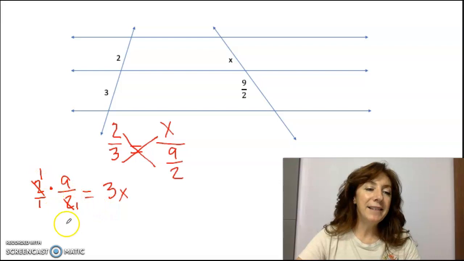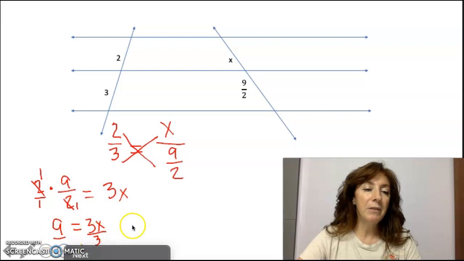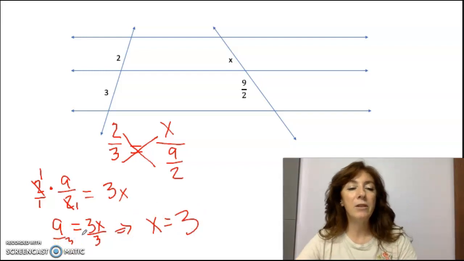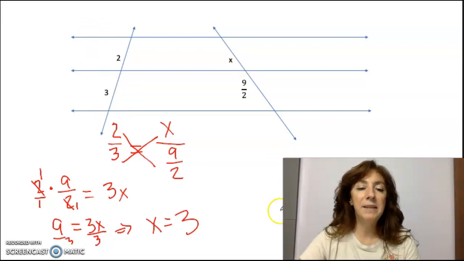And so now I just have the number 9 on the left and 3x on the right. And I divide by 3 and divide by 3. Now x equals 3. That's supposed to be a 3 under there. All right, so top is to bottom as top is to bottom.